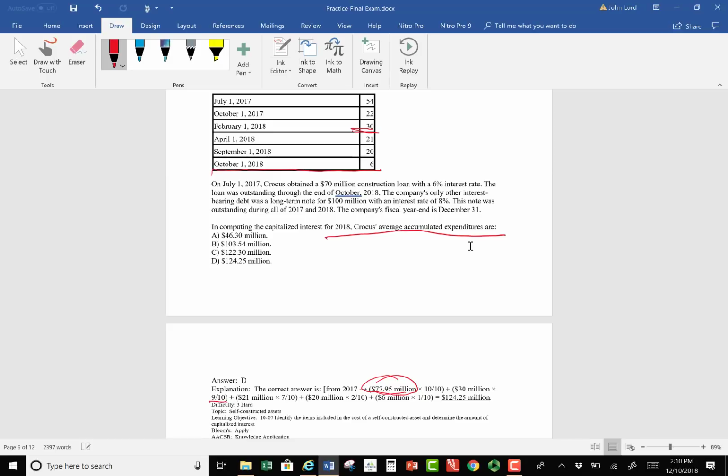Yeah, they counted it through to the end of October. All of February, all of March, all of April, all of May, all of June, all of July, all of August, all of September, all of October, but they said they stopped the construction October 1st.